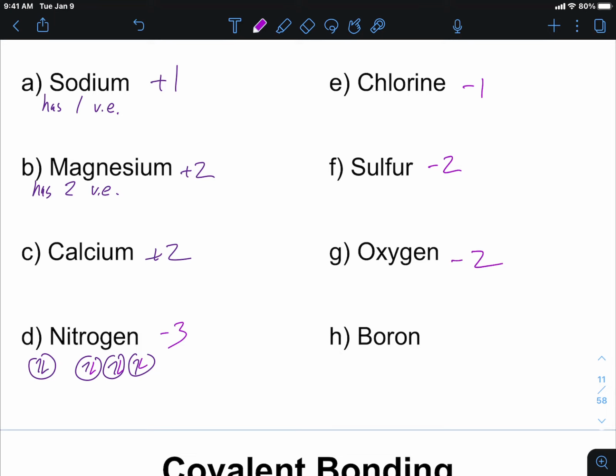Oh, wait. That's in the same family as sulfur. That makes sense. Okay. Boron? +3. Yeah. Oh, what if you don't want to memorize what charges are? They're listed here, on your periodic table, on the backside where it says common valence charges.